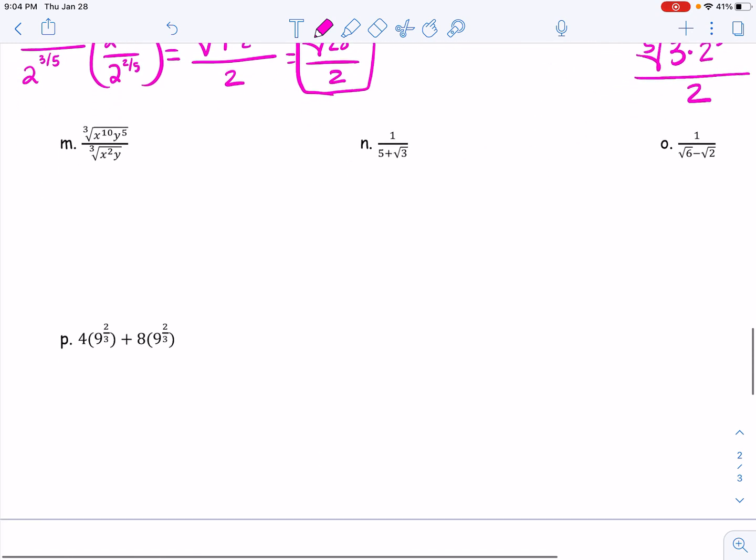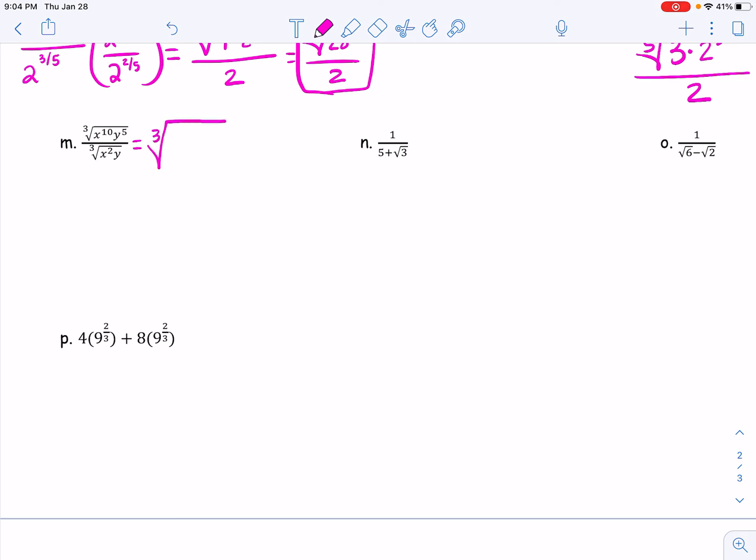All right. M, cubic root of x to the 10th, y to the 5th, divided by the cubic root of x squared, y. So what we can do is we can actually just say that we're taking the cubic root of this entire fraction, which means then we can do some subtraction.